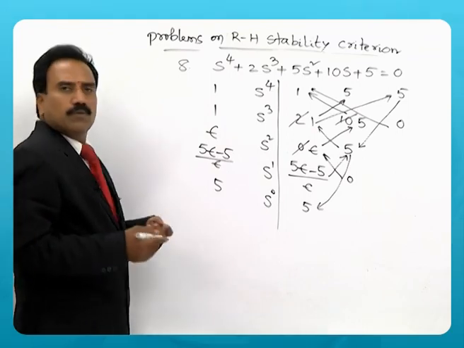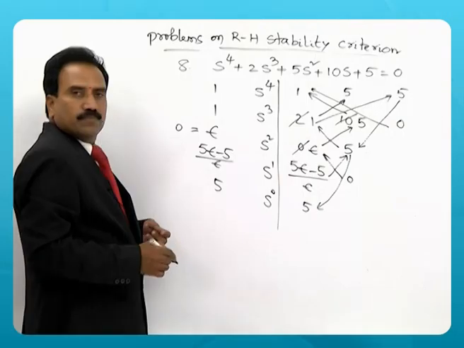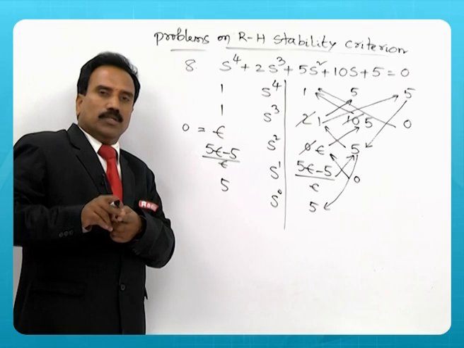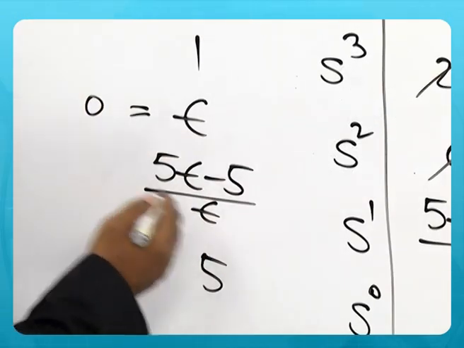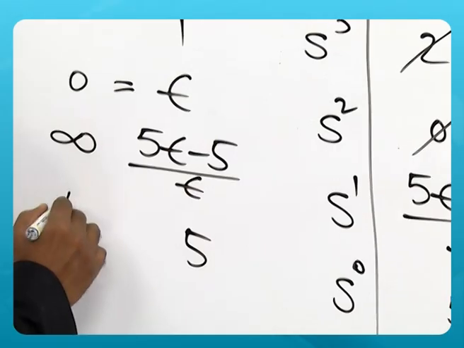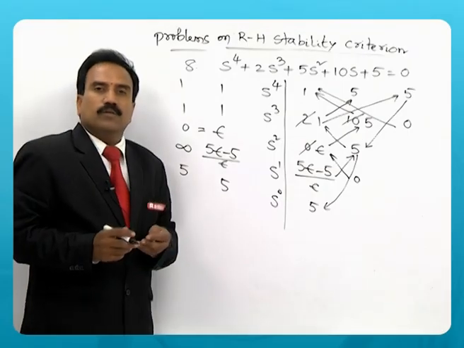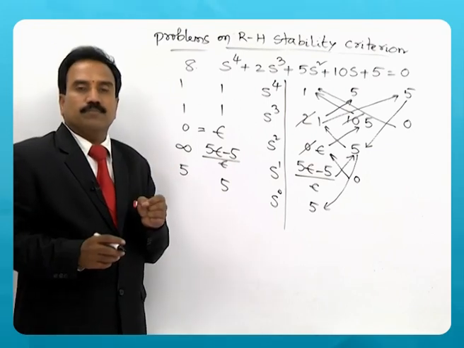I can assume epsilon is 0 or a small positive value, it doesn't matter, because the value is not important, sign changes are important. When epsilon is 0, this will be infinity anyway, this is 5, this is 1 and this is 1. So you observe no sign changes in the first column.